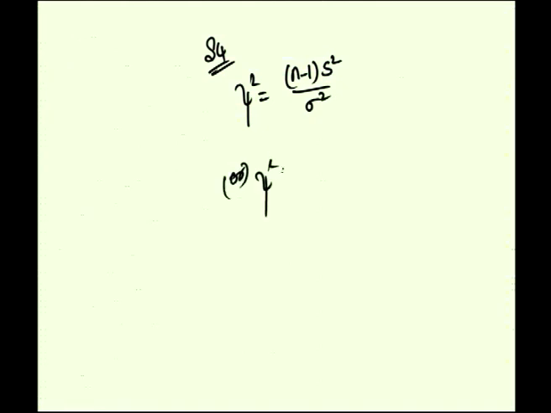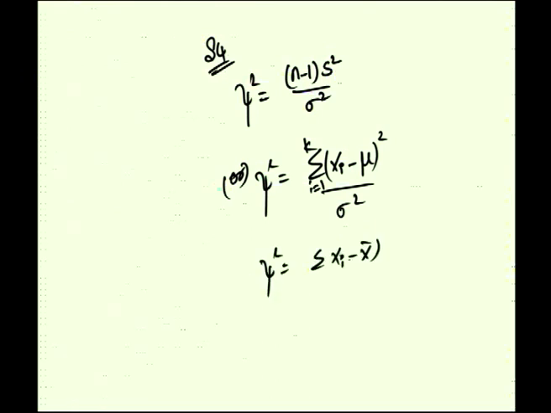Then step 4 is the formula for testing a single variance: chi-square is equal to n minus 1 into s square by sigma square, or chi-square is equal to summation xi minus mu whole square by sigma square, where i ranges from 1 to k, if the population mean mu is directly available. If the population mean mu is not available, then chi-square is the usual summation xi minus x bar whole square by sigma square.